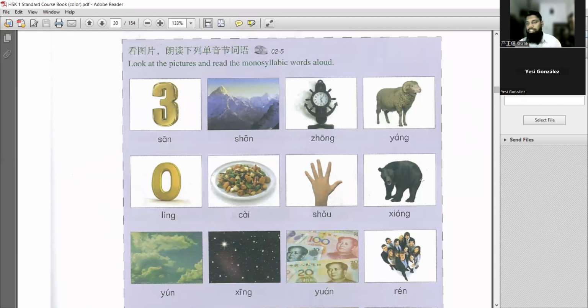Since we have studied all the initials and finals, now we are going to study some of the monosyllabic words of chapter number 2.